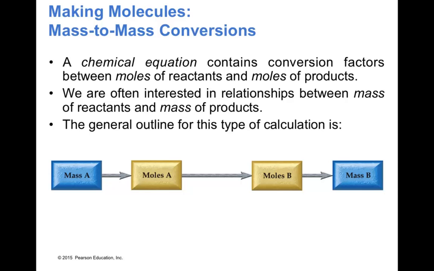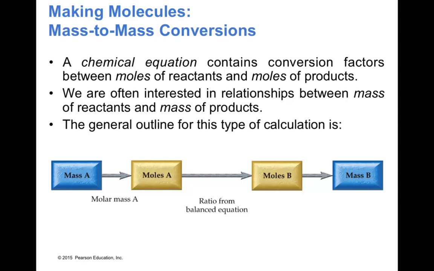We need the molar mass, because the molar mass of A will take us from grams of A to moles of A. Now that we have the moles of A, we need to turn to moles of B. What conversion factor do we need here, or where can we obtain the conversion factor to turn from moles of A to moles of B? From the ratio from the balanced equation.